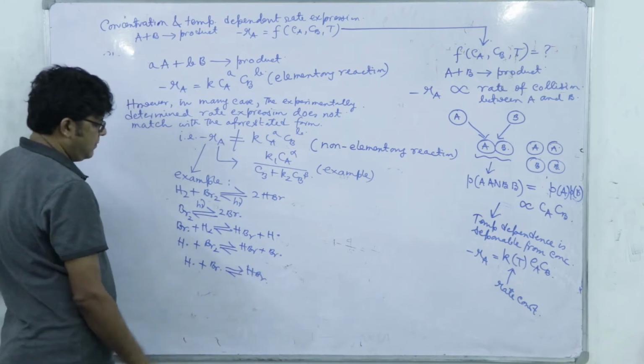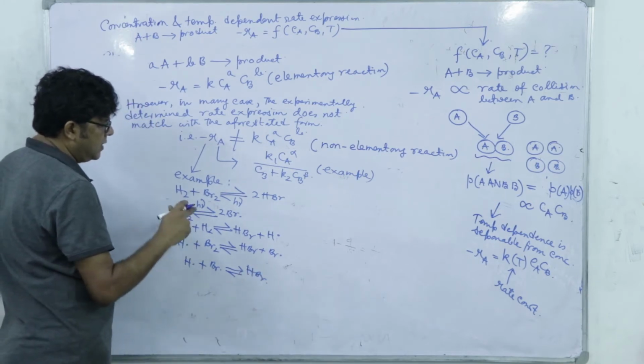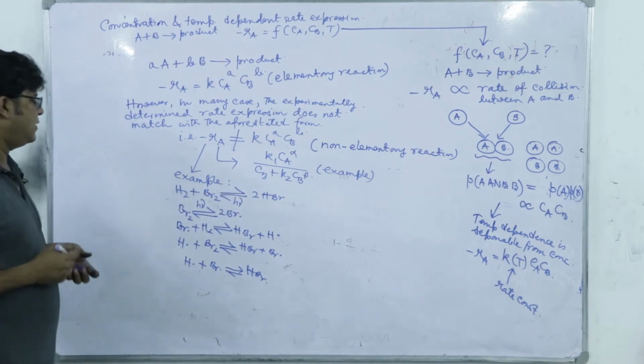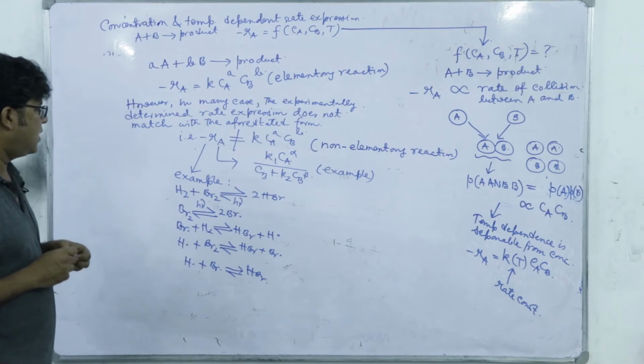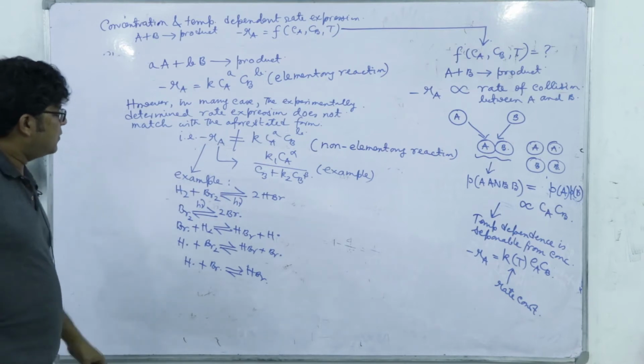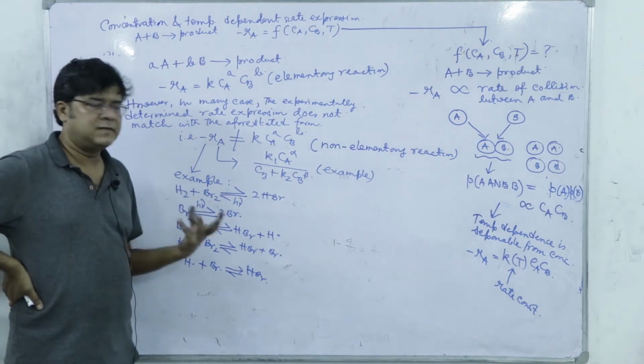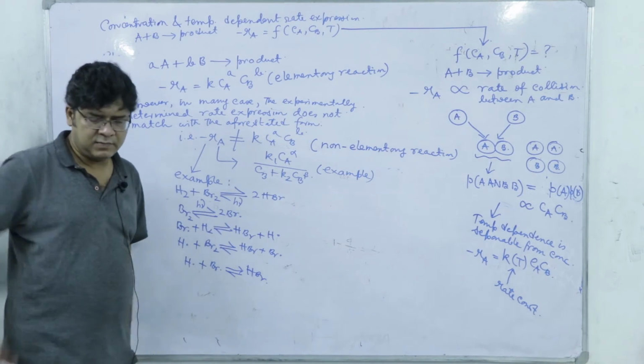So overall, you see, this H2 plus Br2 will not match with this typical stoichiometrically consistent rate expression, that is minus of R H2 is equal to concentration of H2 into concentration of Br2.